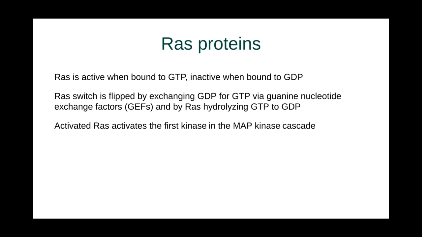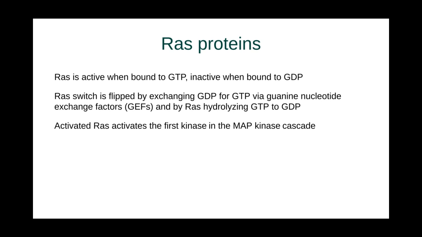Now, RAS as a protein is essentially flipped on like a switch, because what it does is it exchanges GDP for GTP via a class of molecules which we call GEFs, or guanine nucleotide exchange factors, and it's turned off by RAS hydrolyzing, i.e., converting GTP to GDP.